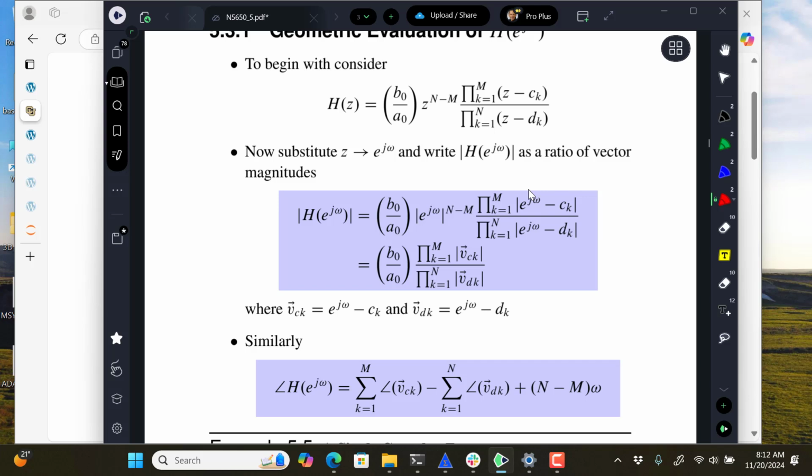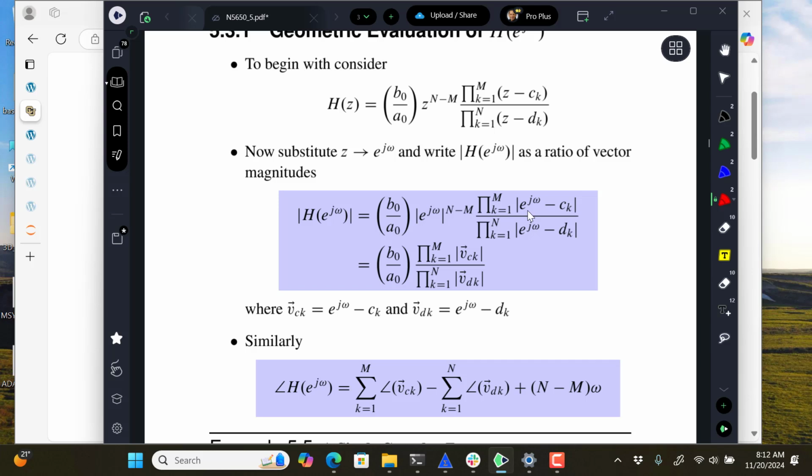So thinking back to physics, at least that's how I remember vector notation, if you're viewing the complex plane as two-dimensional vectors, we have the difference between a point on the unit circle, subtracting from that a pole or a zero location, so that would be a vector that would point from the ck or dk location to a point on the e to the j omega circle.